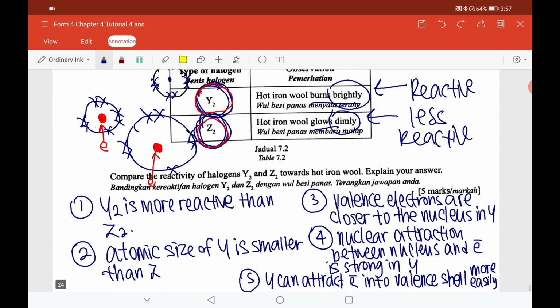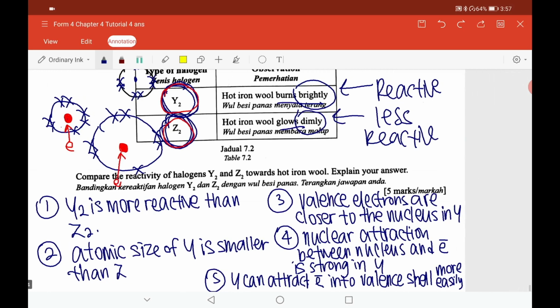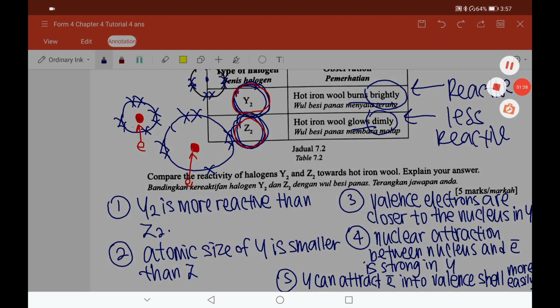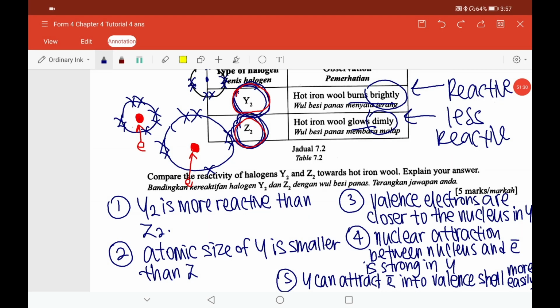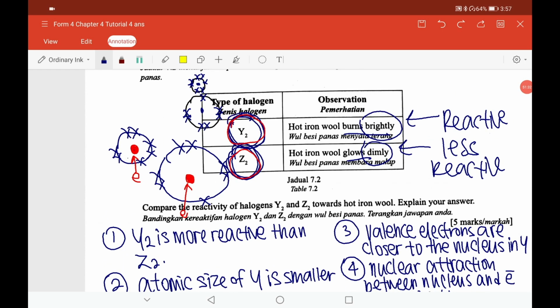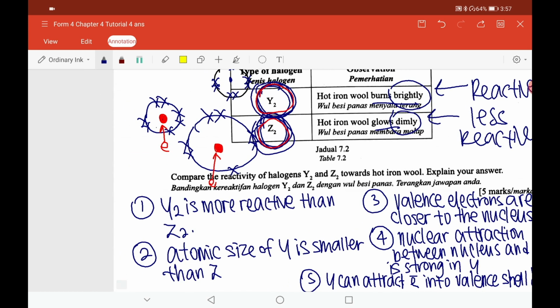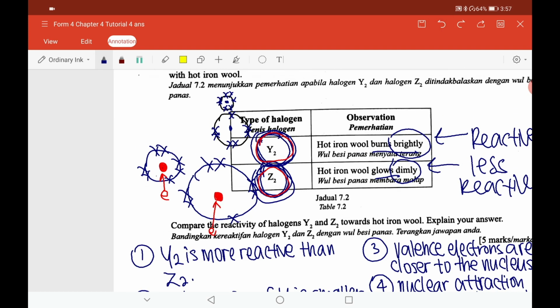So you have a total of 5 points here. For the first point, you compare and tell who is more reactive: halogen Y2 is more reactive than halogen Z2. That is 1 mark. Then you mention the size. How do you know who has the bigger size?